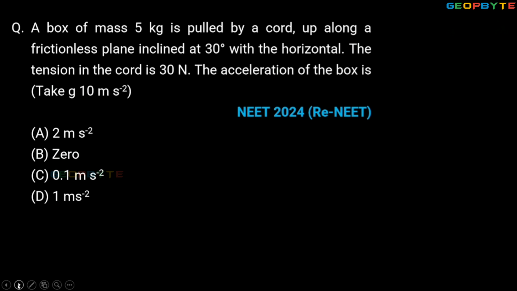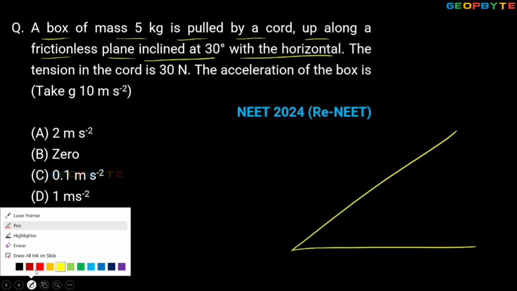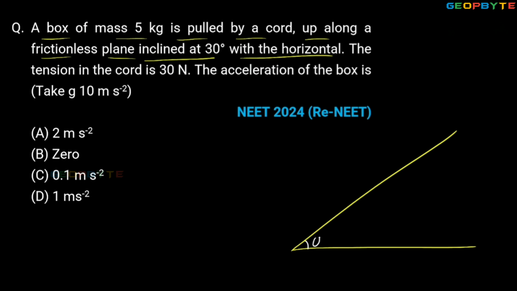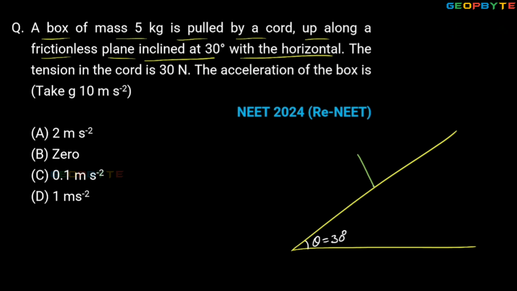Look at this problem. A box of mass 5 kg is pulled by a cord up along a frictionless plane inclined at 30 degrees with the horizontal. It may be like this. This is the horizontal line. This is the inclined plane. The inclination angle is given, let it be theta, 30 degrees. A box is kept somewhere here.